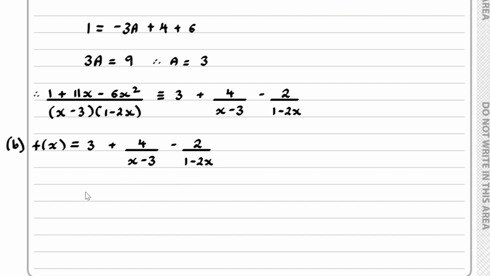And if I differentiate this, f dash of x is equal to negative 4 over x minus 3 squared, subtract 4 over 1 minus 2x squared.